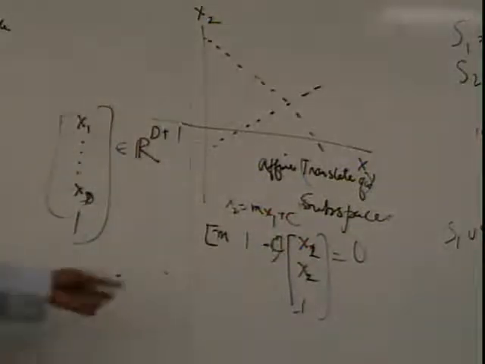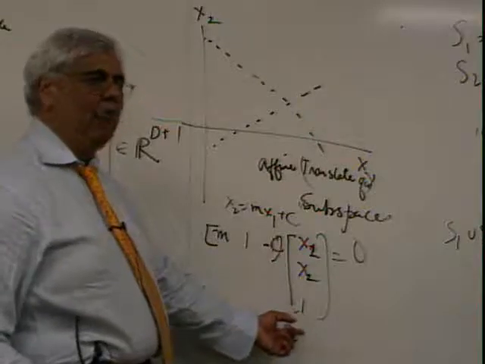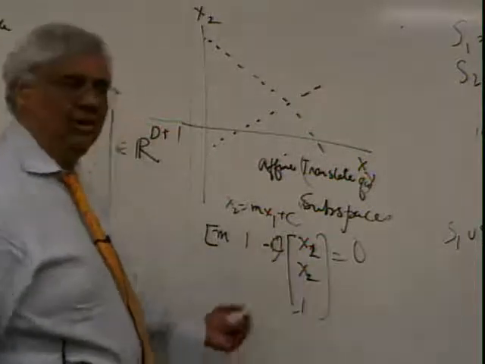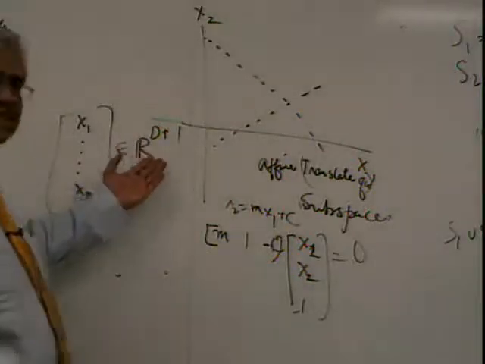So this affine coordinate is the thing that multiplies the 1, and it now looks like a subspace in this higher dimensional space.